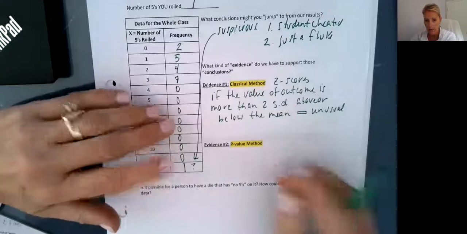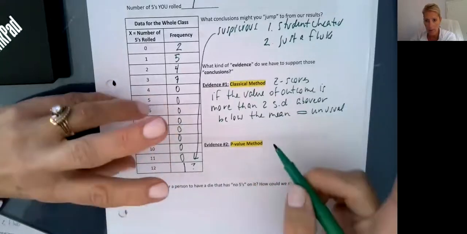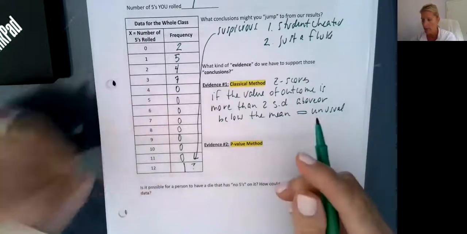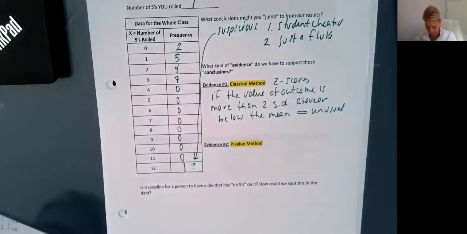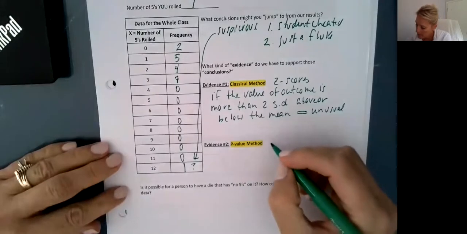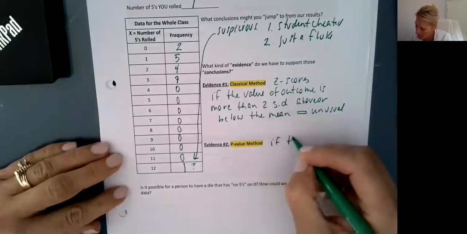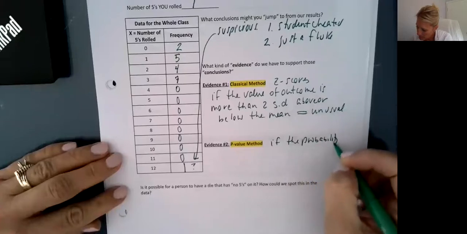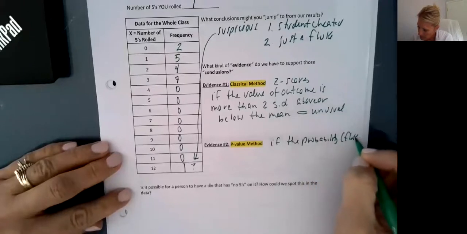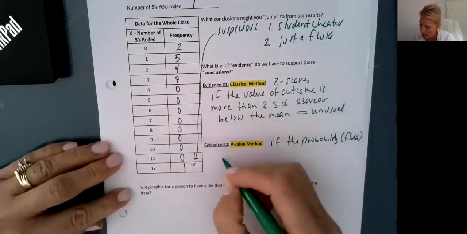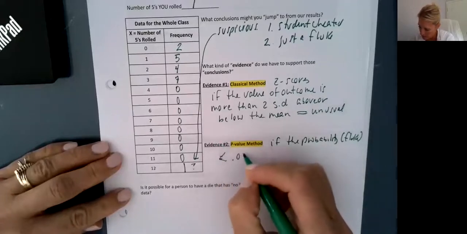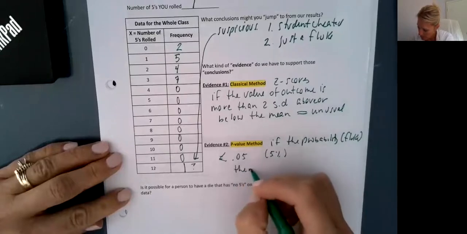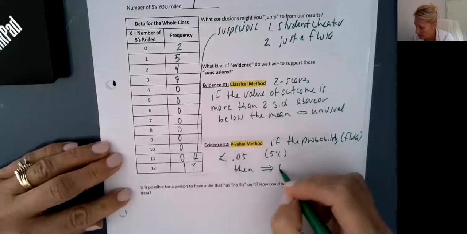And the other way that we discussed if something was unusual was using our p-value method, but we really didn't know that it was called the p-value method. We did know that it was called probability, right? So we said, if the probability of the fluke actually happening is less than 0.05, right, which is 5%, then we say that that is unusual.